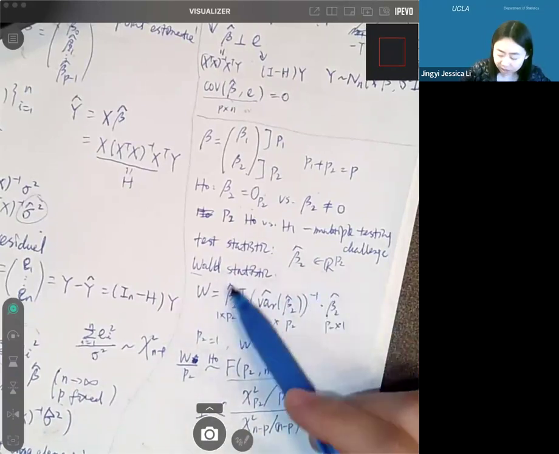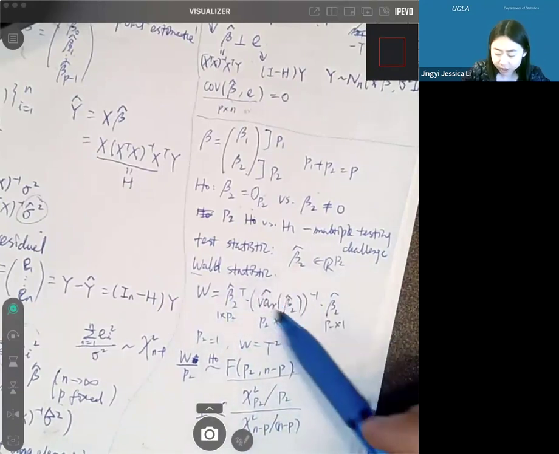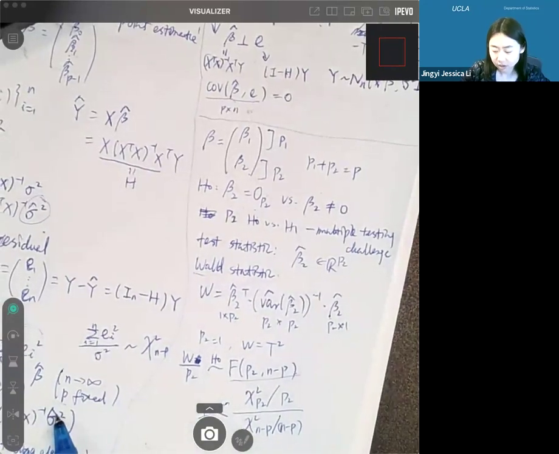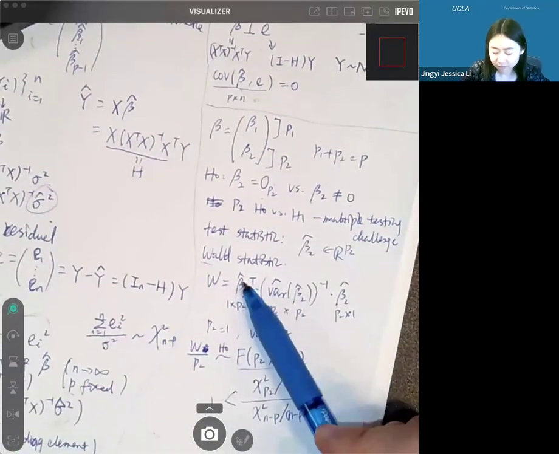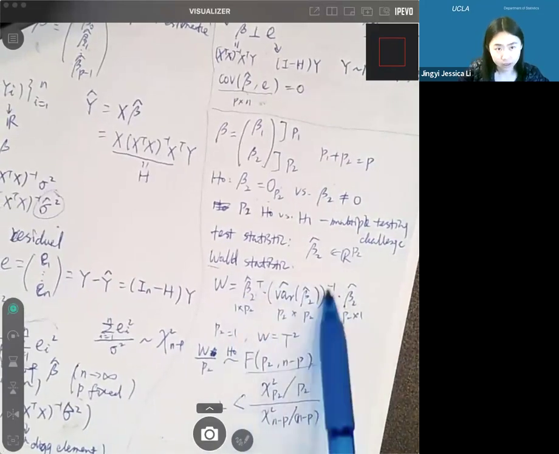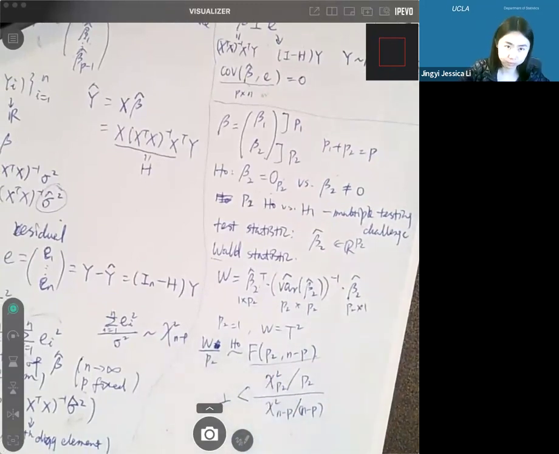The variance covariance of beta 2 hat involves the sum of residual squares in the plugin part. That will give us some chi-square, because a squared normal random variable introduces chi-square. You also have chi-square in this part. Together, with some work on the formula, you get a form like this, which follows the F distribution.